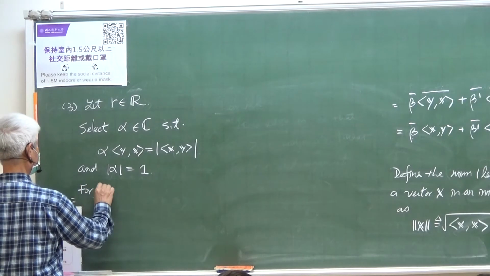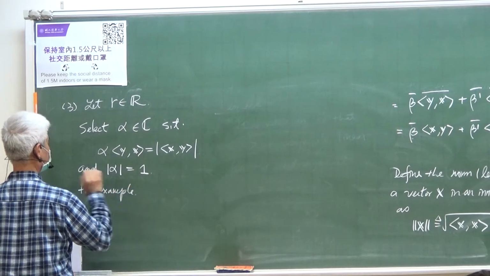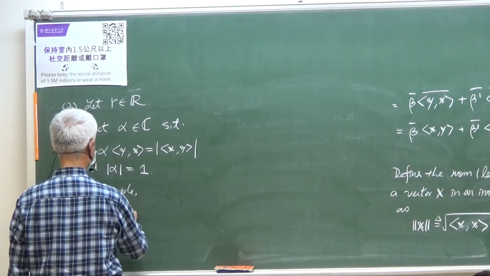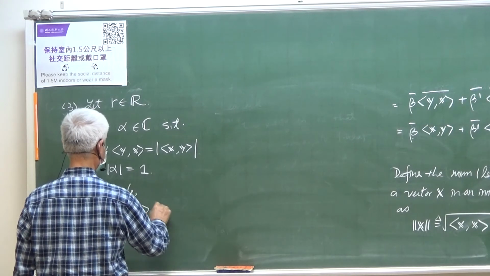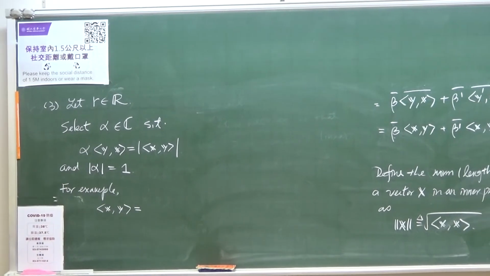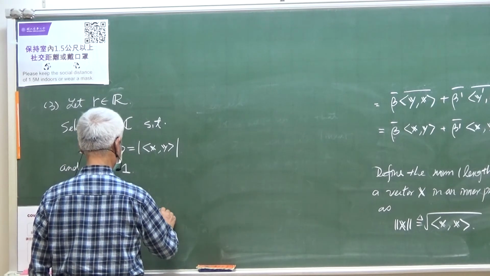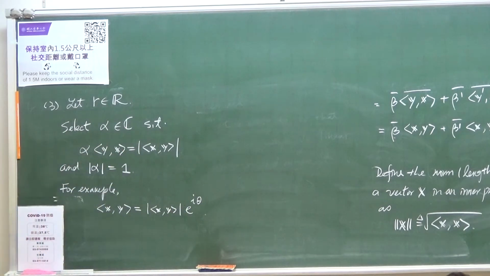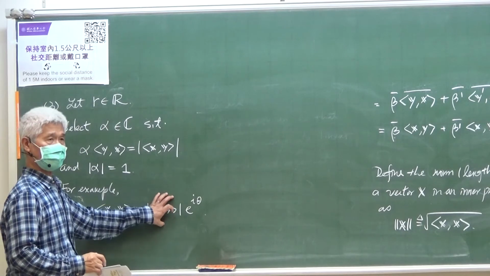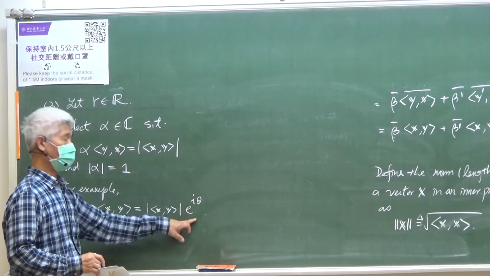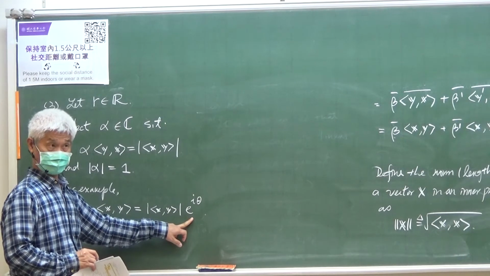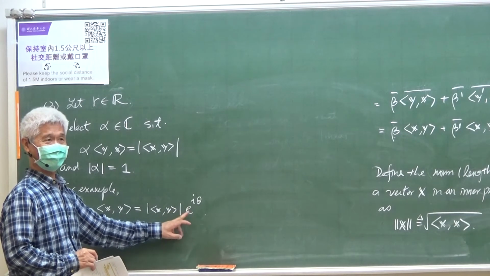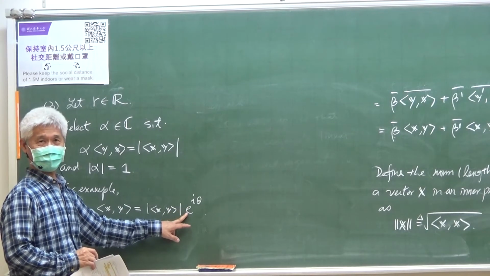The inner product is a complex number. So any complex number can be put in its magnitude multiplied with a phasor, right? You know that, right? Any complex number. Do you have any question about this?